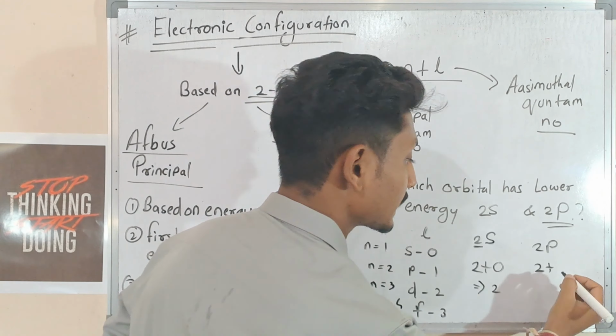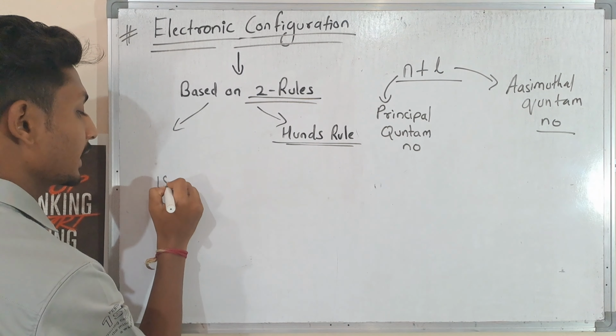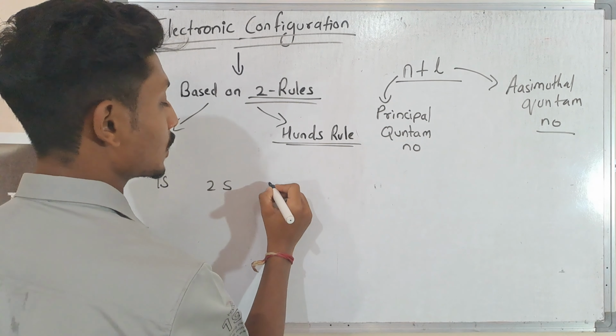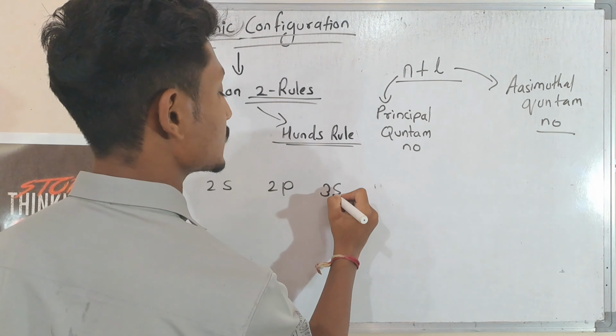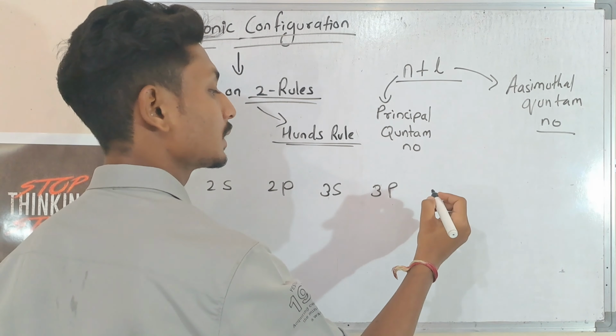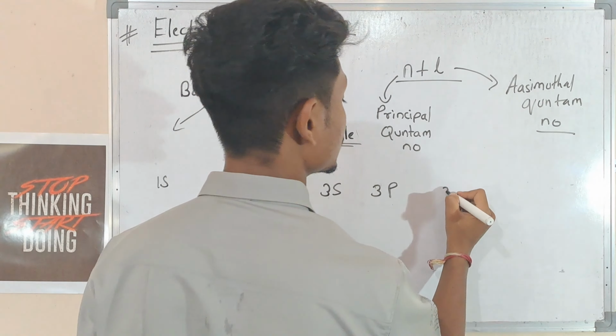We can write this whole thing by this method: 1s, 2s, 2p, 3s, 3p, 3d, 3f.